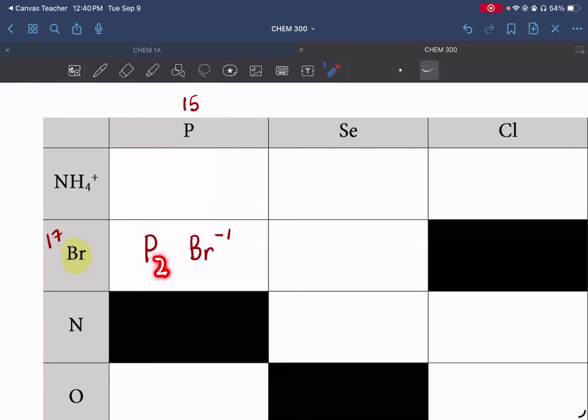This is not one of the diatomic elements. All right, you said 3. Why did you think 3? Okay. So unfortunately, neither one is correct.